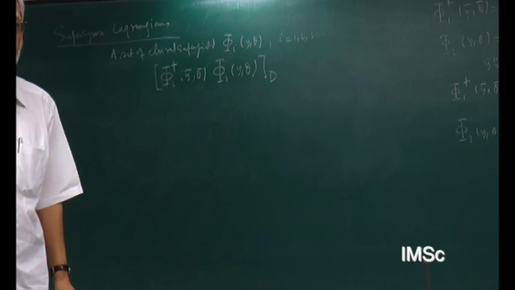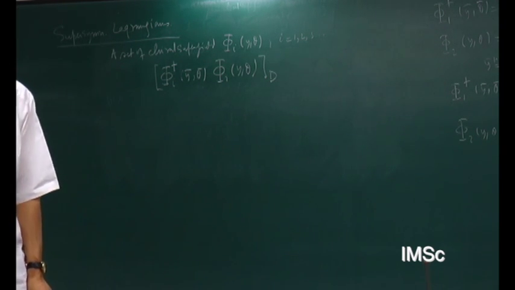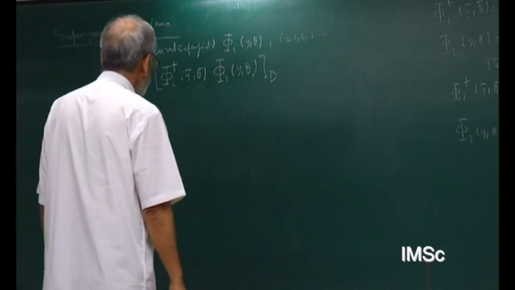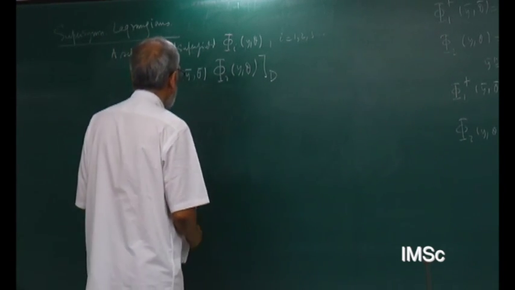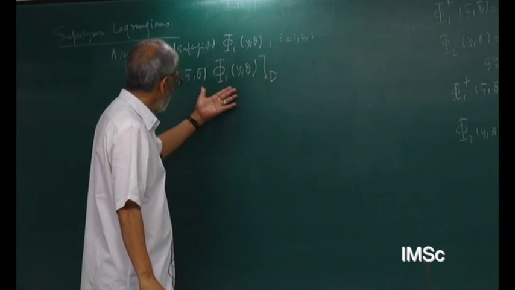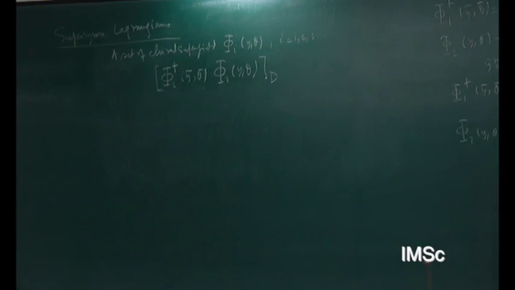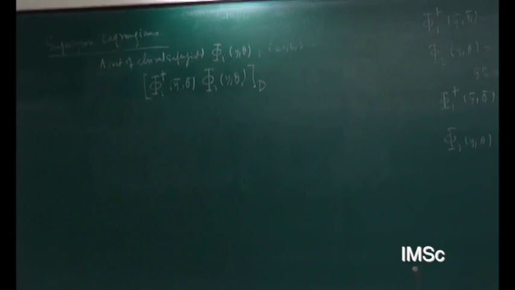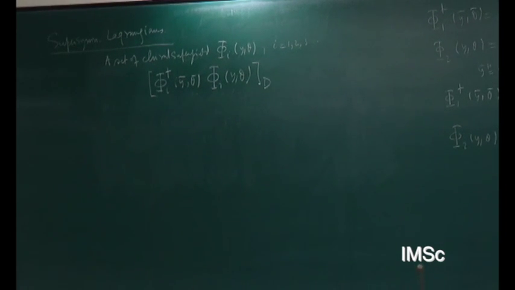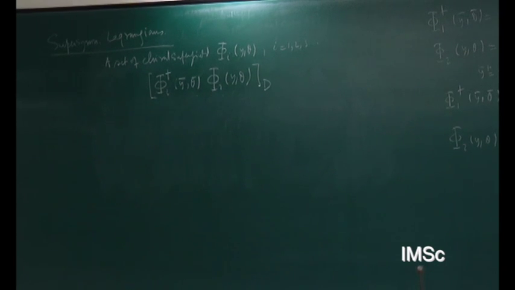So that's a candidate for a supersymmetric Lagrangian. And it has the right dimensions the way we have constructed it, because the D term of this product superfield is dimension 4. So it has the right dimensions in 4 dimensions.